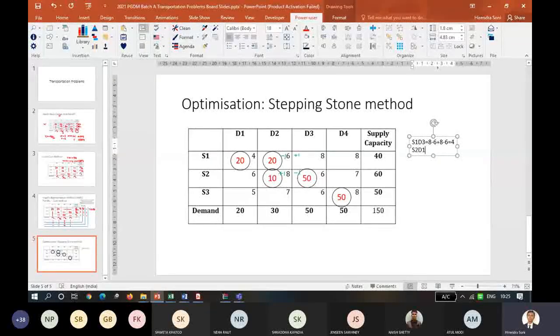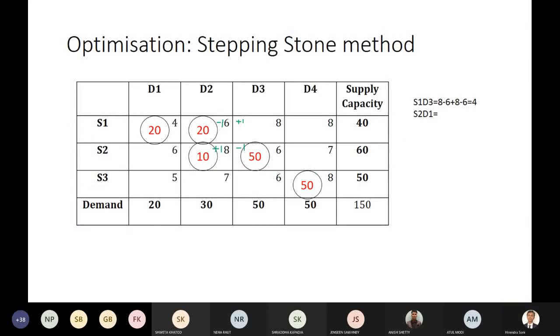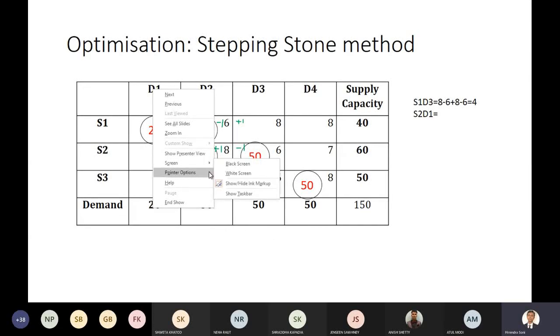So in case of S2 D1, that means this cell, now we'll be using red color now.